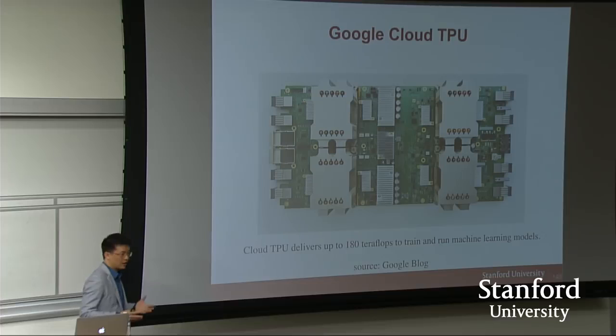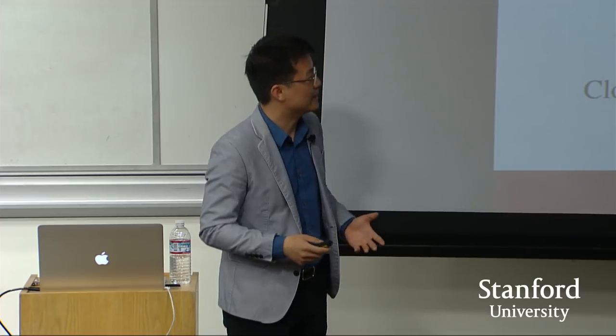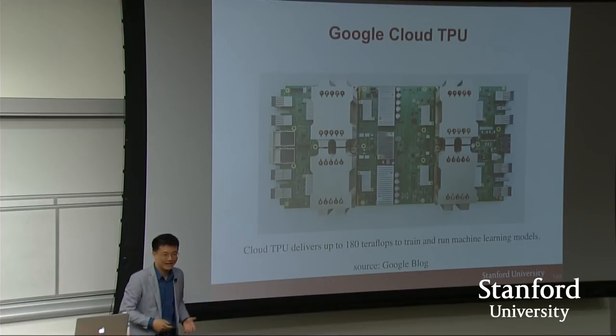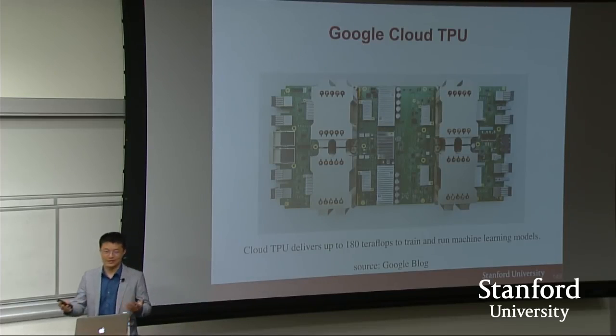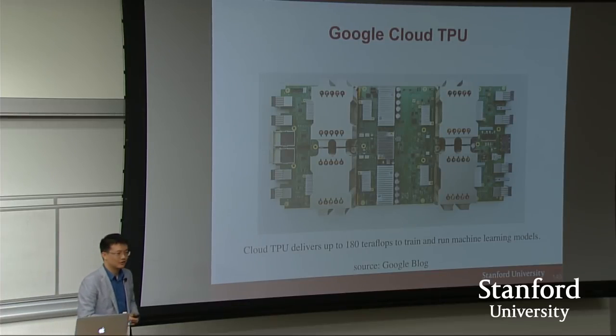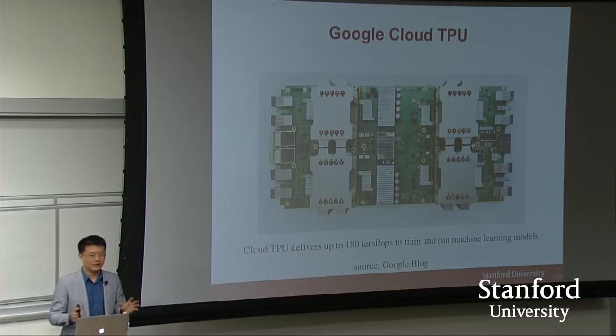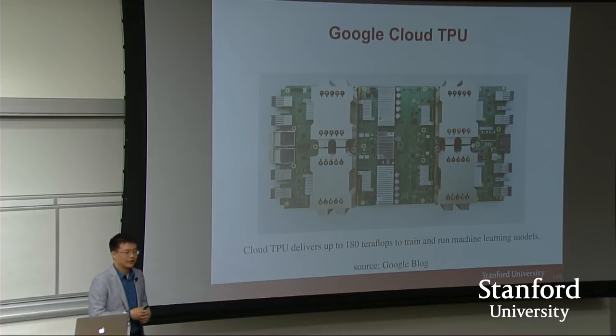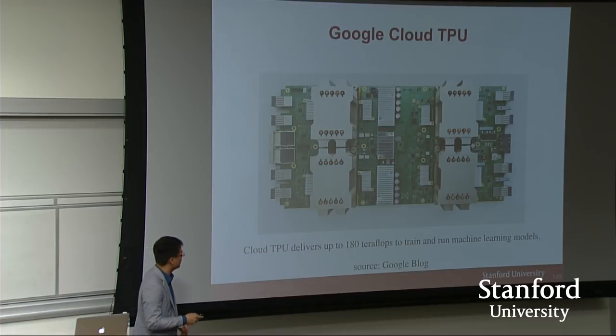So just last week, at Google I/O, a new nuclear bomb landed on the Earth. That is the Google Cloud TPU. So now the TPU not only supports inference, but also supports training. There's very limited information we can get beyond this Google blog.